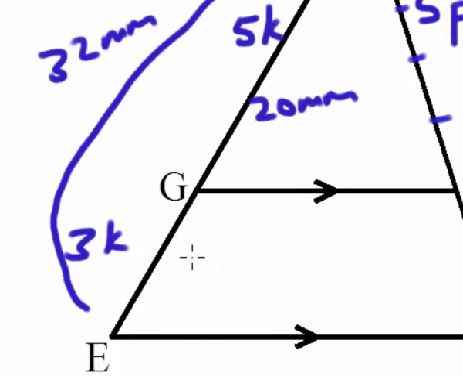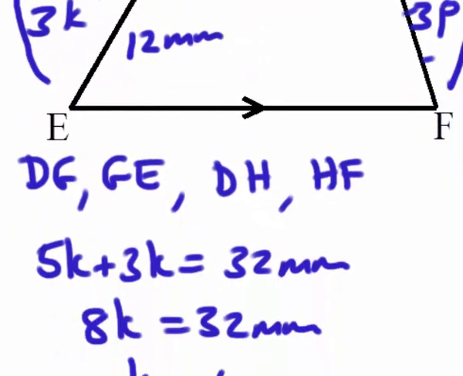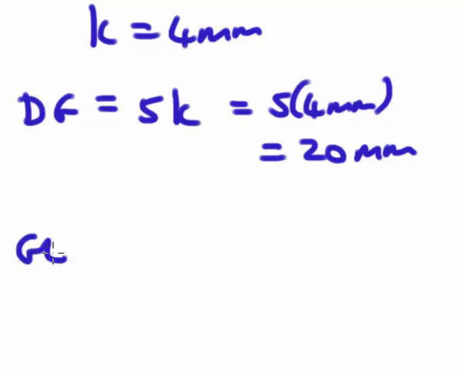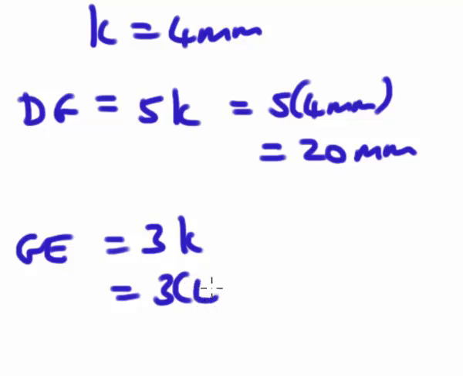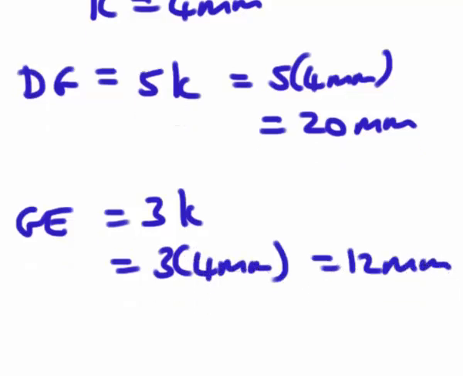Well, if that's 32, you can clearly see that that's going to be 12 millimeters to make up the 32. But what is 3 times the 4? If K is 4, it is 12. So look at that. We can say that GE is 3K, which is 3 times the 4 millimeters, which is 12 millimeters, which is exactly true.